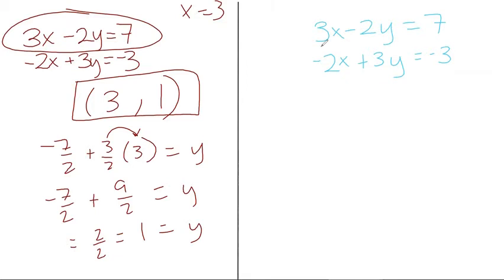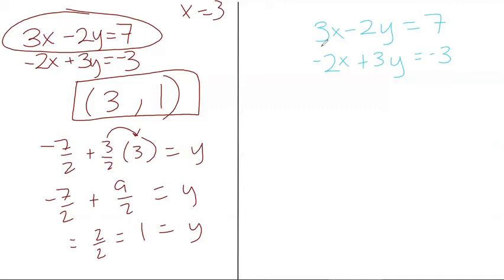Now let's try solving the same exact problem using elimination instead of substitution. In elimination, we're trying to multiply either or both of these equations by some constant, so that when we add them together, we get 0 times one variable plus some value times the other variable.